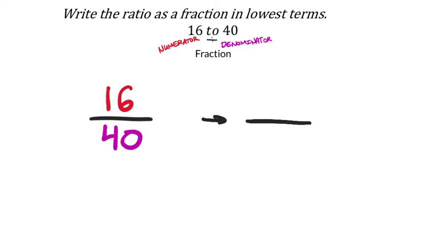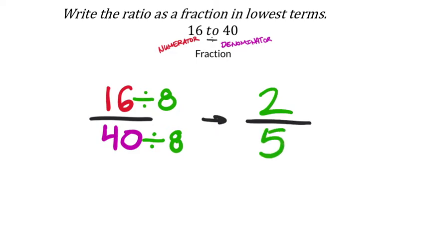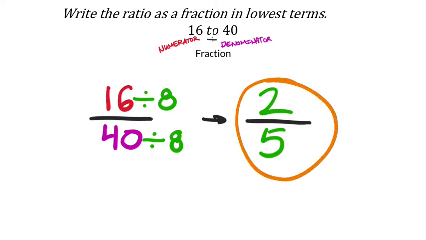It'll have the same value, but I'm going to simplify this because I can divide both 16 and 40 by 8. So this will give me a new fraction. 16 divided by 8 is 2, and in the denominator, 40 divided by 8 is 5. Now, let's check to see if this is simplifiable, but it's not, which means that this is our final answer.